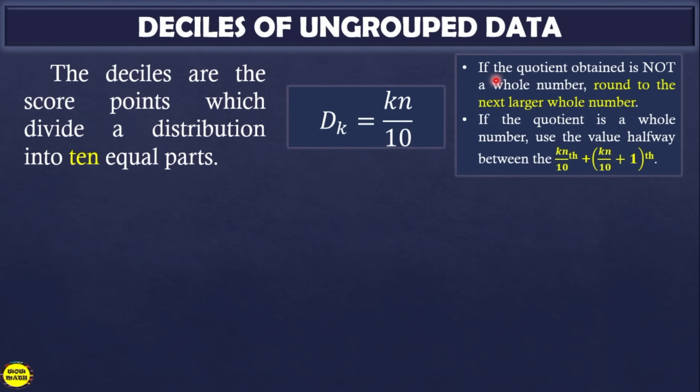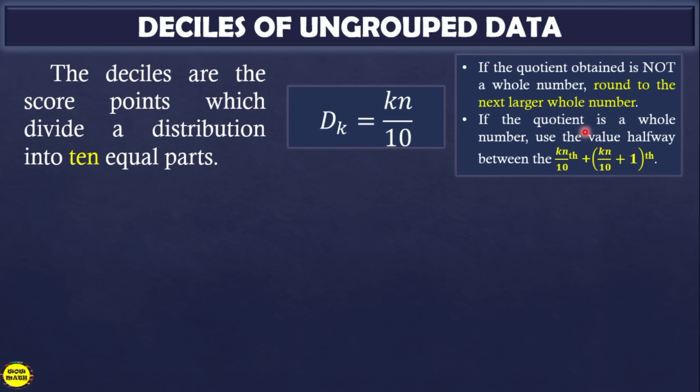So, kapag yung nakuha natin na sagot is not a whole number, i-round to the next larger whole number natin. So, halimbawa, 5.6, gagawin na natin siyang 6. 5.2, gagawin na natin siyang 6.